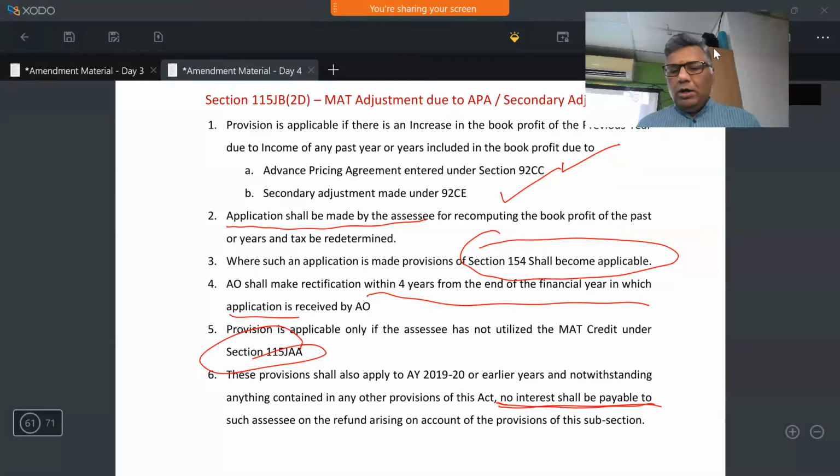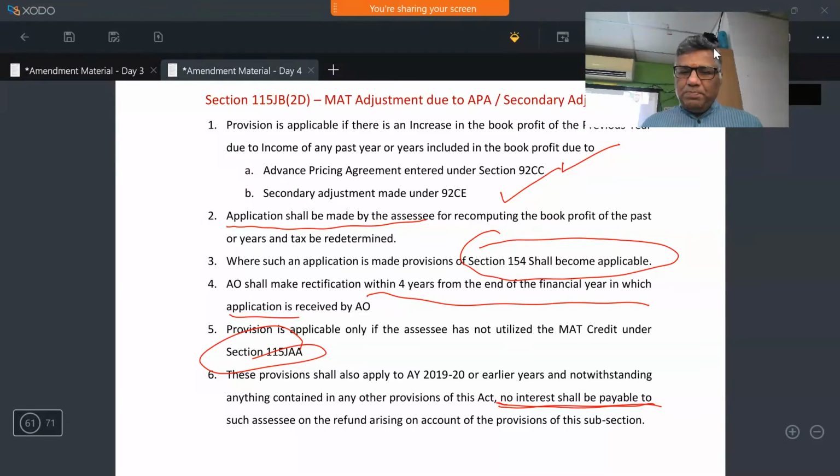Point number one. Adjustment is made in the current year, whichever previous year we are talking about. Adjustment is made in the current year to the book profits. Point number two.